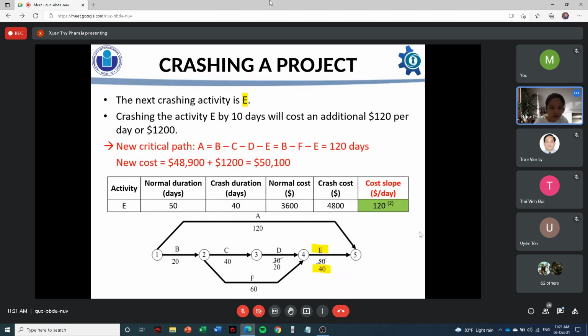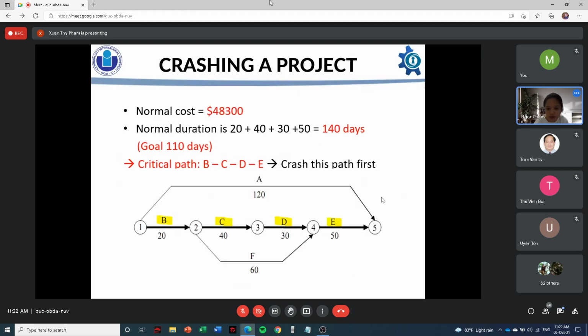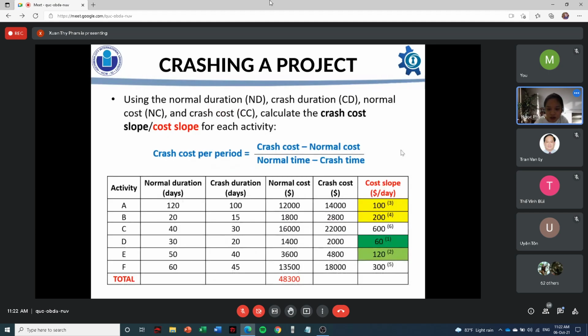So please move to the previous slide, the previous one. Do you mean that I need to explain again how I can get the critical path, teacher? Yes, almost like that. The first, identify the critical paths.